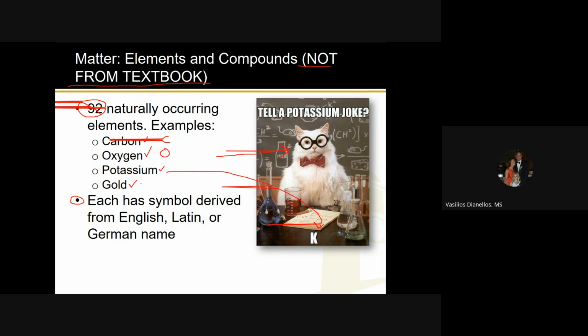Same with gold. Gold's symbol isn't a G, it's Au. Silver is Ag. Lead is Pb. Iron, which is one that we're going to talk about in a few minutes, is Fe. So you don't need to know any of that. I just wanted to point that out because I didn't want you to get confused when you're looking at the periodic table and thinking this makes no sense. Now you know why.